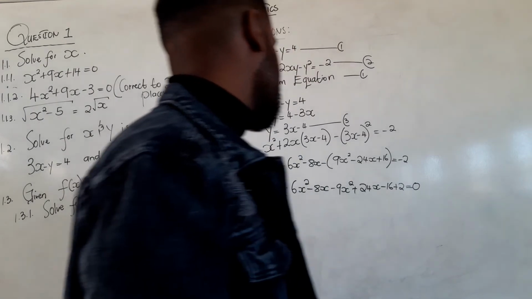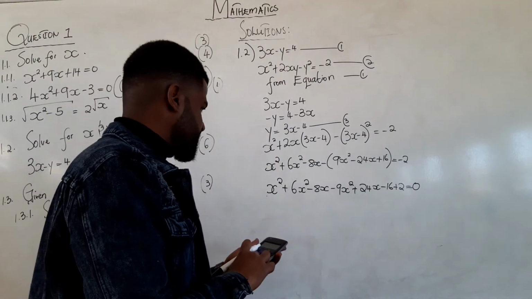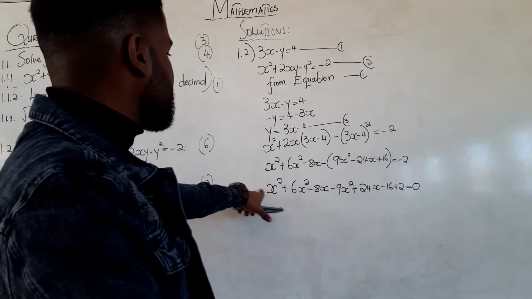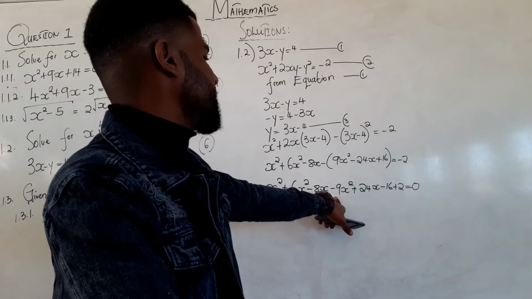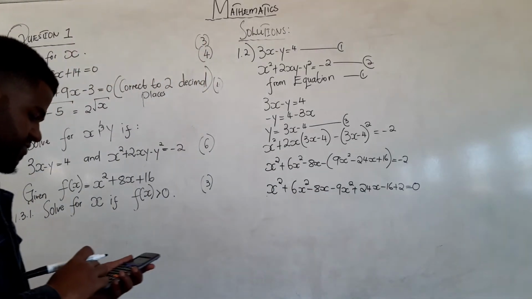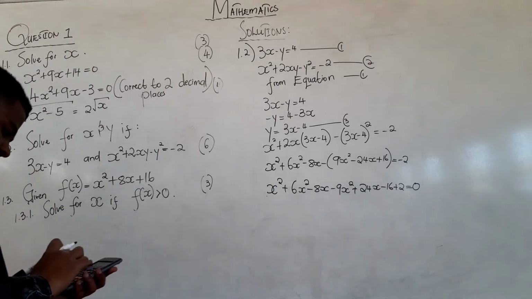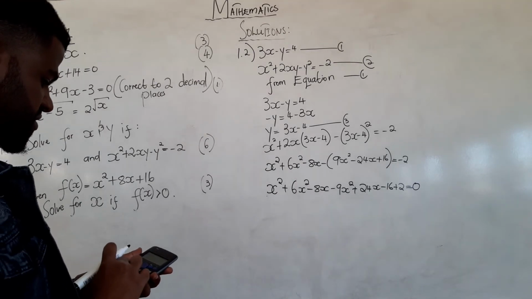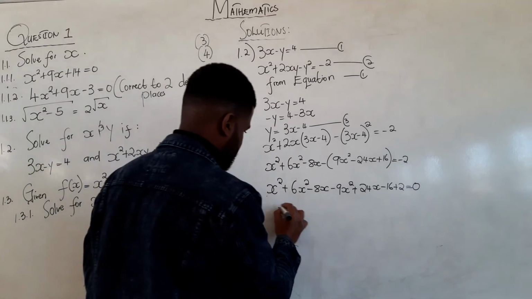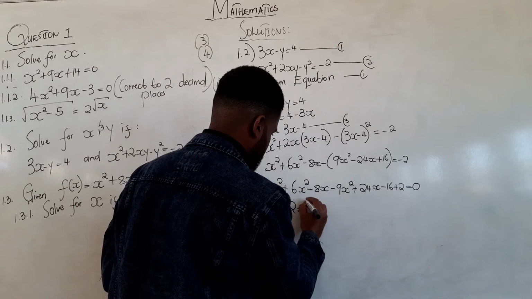Let us collect our like terms. So it is going to be 1 plus 6 minus 9, which is negative 2x squared.